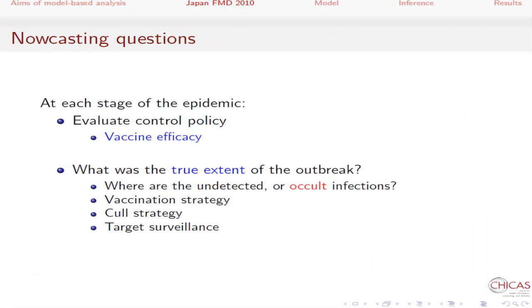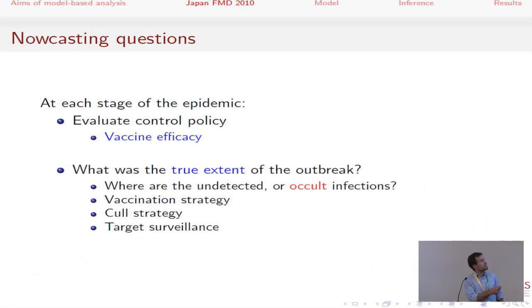So what I really want to focus on is measuring or evaluating control policy, so measuring vaccine efficacy. Okay, and this is very much at the population level. I'm aware that my definition of efficacy here is not necessarily a vaccinologist's definition of efficacy. Okay, it must be borne in mind that the model I will show you really defines what I mean by efficacy.